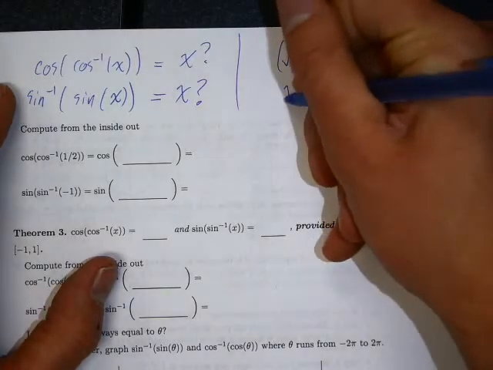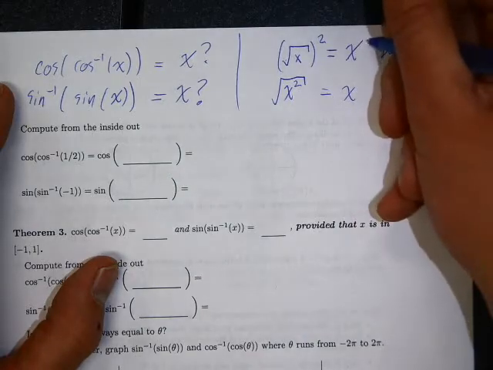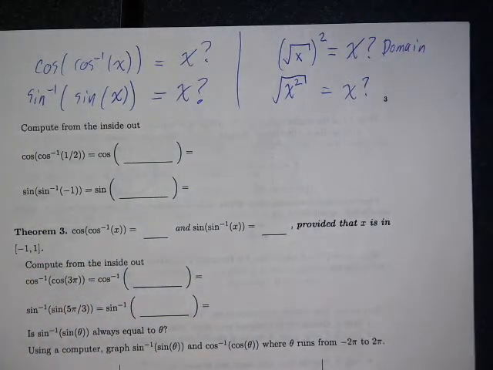What if you take x and you square it and then you take the square root of it? Is that always equal to x? Let's start with 5. Take x equals 5. What's 5 squared? What's the square root of 25? So that worked out. Let's try -7.